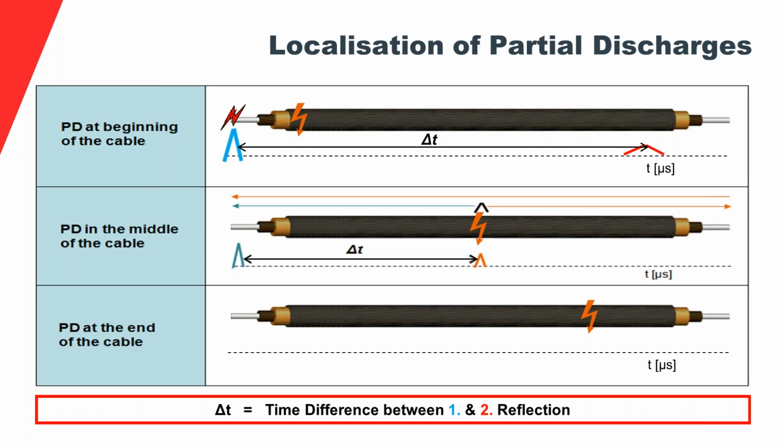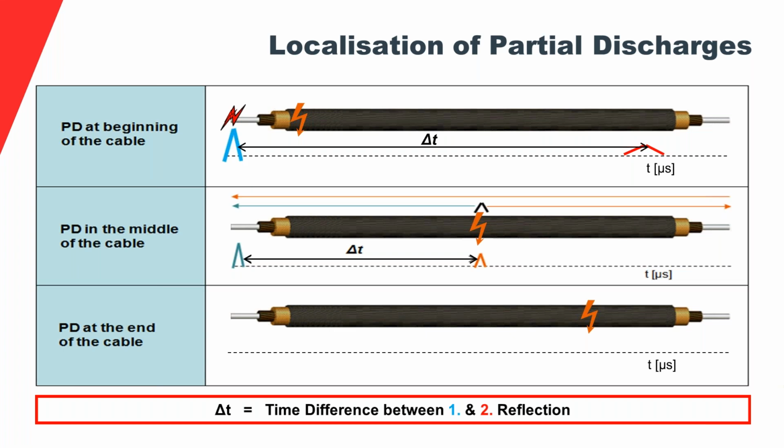The flattening is the dampening or the attenuation, and the widening is the dispersion, the loss of high frequency components. And the algorithms that try to find out, is that really a PD pulse or is it something else? They also look at attenuation and dispersion as additional calculation parameters to find out what's going on.